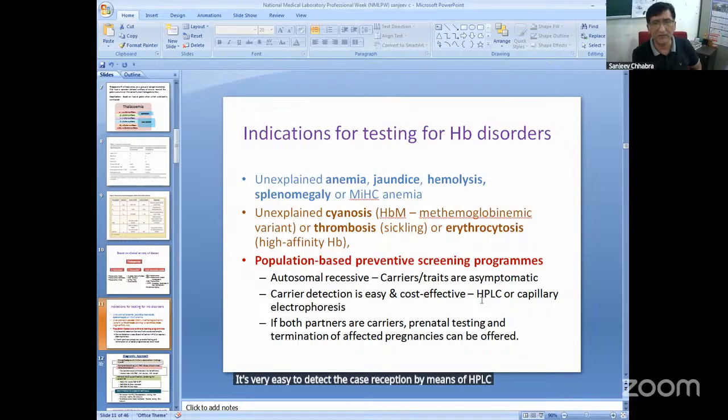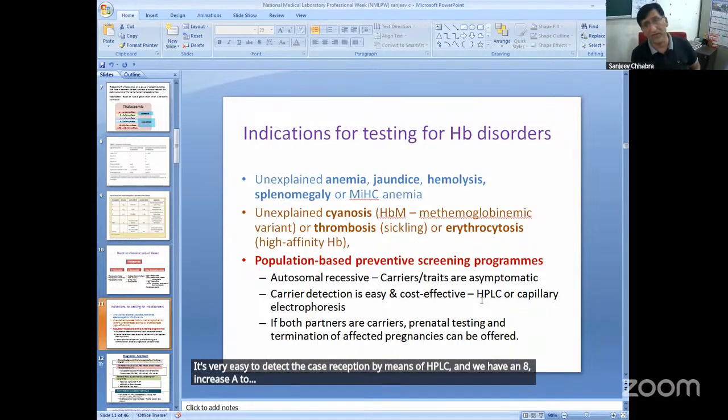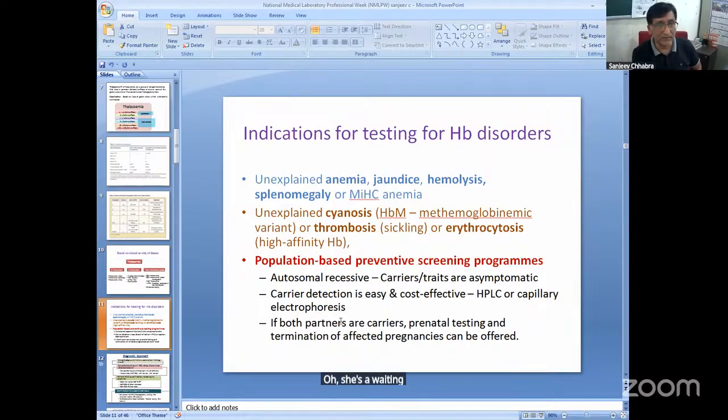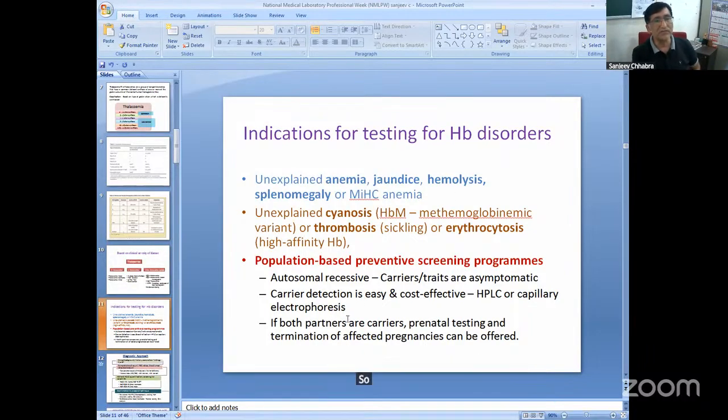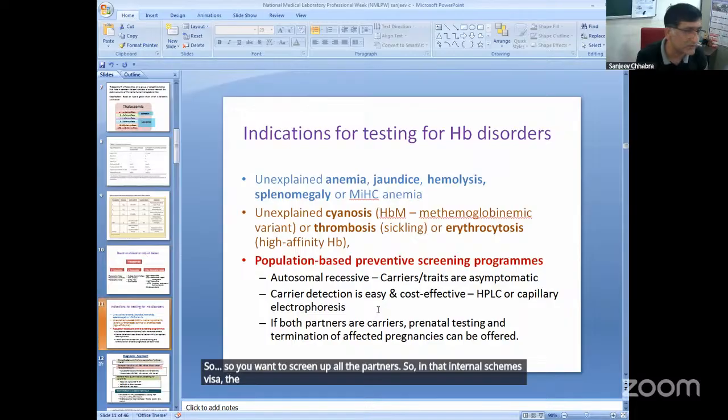When we have an increased A2, or an HbS peak, we can detect a carrier state also. So it's a very important thing. We want to do antenatal screening in any pregnancy. We want to avoid affected pregnancies, so we want to screen both the partners. Antenatal screening is the most important thing for us.